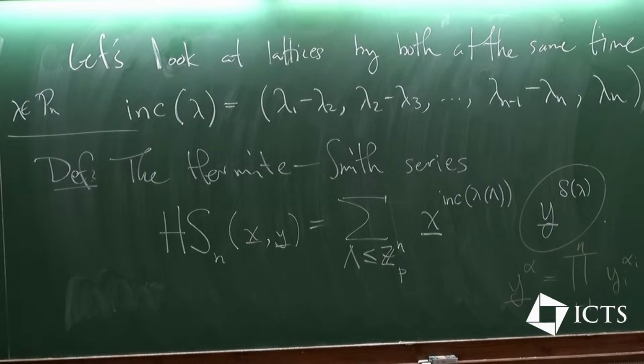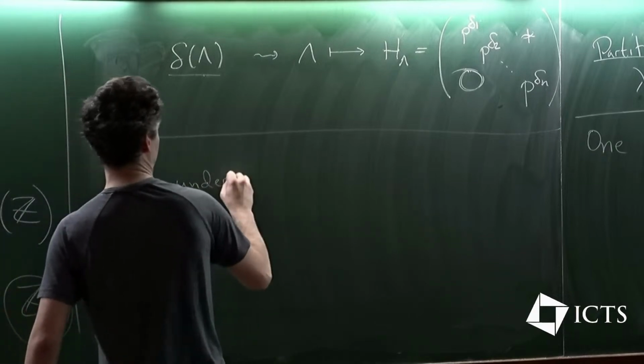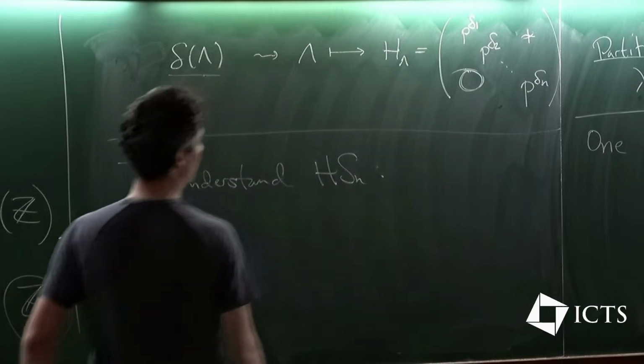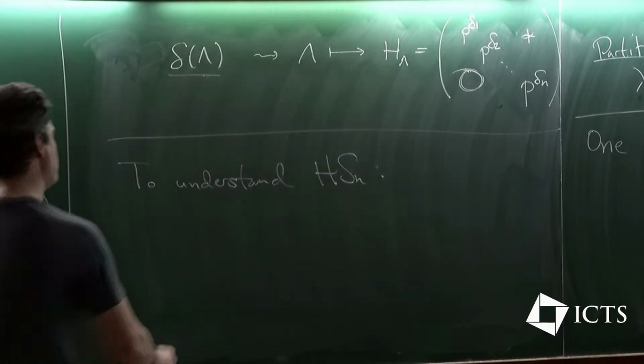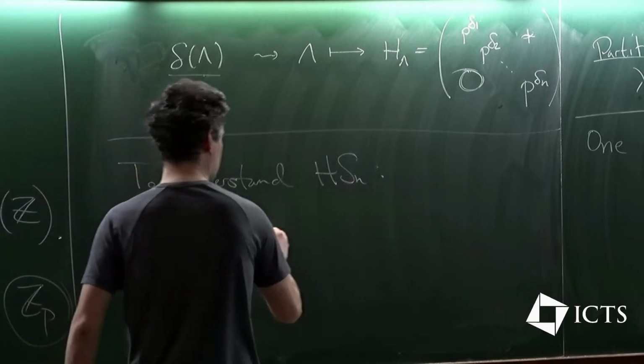So, in order to understand this, sorry for going way back and forth here, to understand H_S n, what we want to do is map from the set of lattices. I'm not going to give it a name, I'm just going to describe the map.